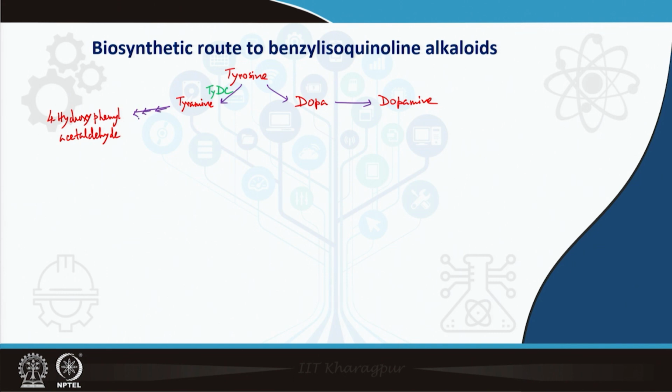Again on the other side, tyrosine is converted to dopa by a phenol oxidase, and dopa to dopamine again by a tyrosine decarboxylase. Now, these two molecules, 4-hydroxyphenyl acetaldehyde and dopamine, will join and form a compound called norcoclaurine.